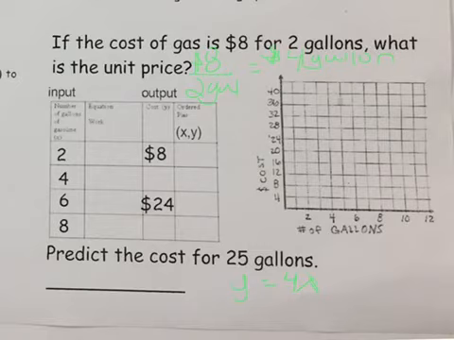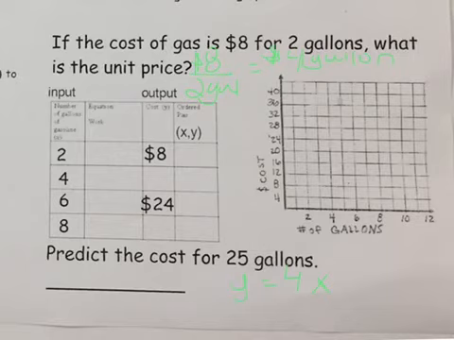Let me go ahead and erase that, sorry. It's a little bit hard to see. Try that one again. It's equal to 4x. You might see it where gallons is your x and cost is your y.